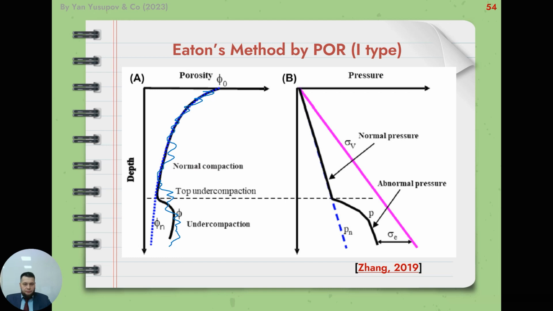After this, we need to build the normal compaction trend line. Okay, and the difference between the normal compaction trend line and observed porosity, this filled area, is related to abnormal pore pressure.